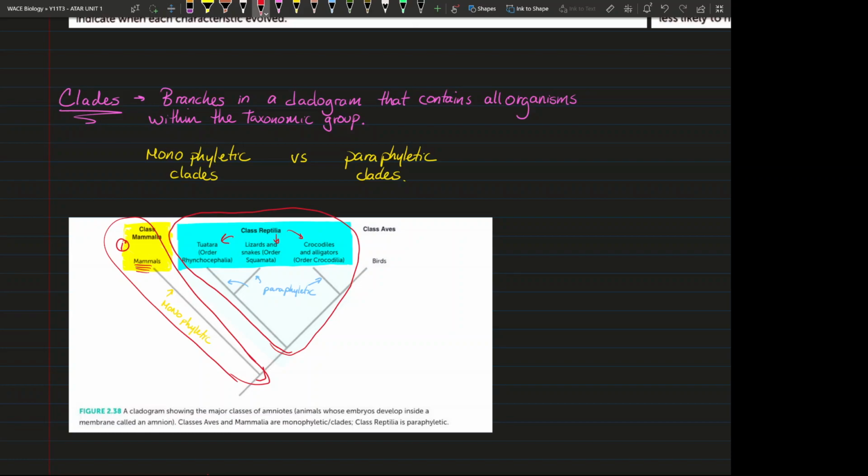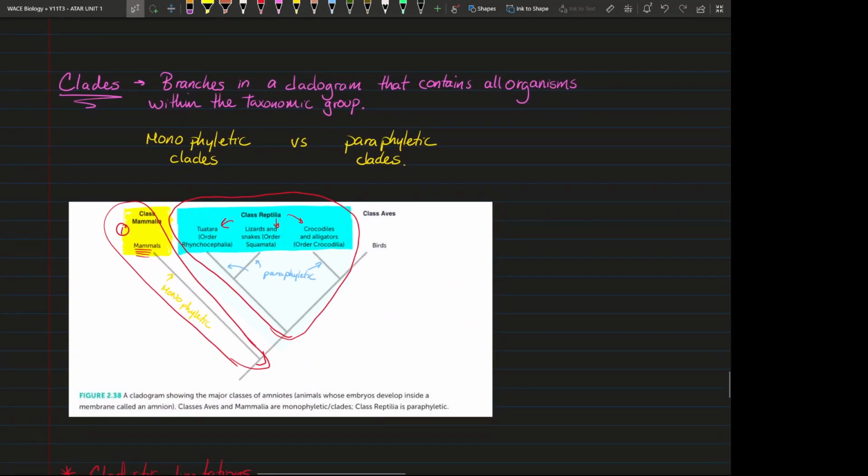In these kinds of branches, they're referred to as paraphyletic clades. They're similar enough to be in the same class, but different enough that they need to be in their own branching diagrams, into their own branches. So this is referred to as a paraphyletic group, right?